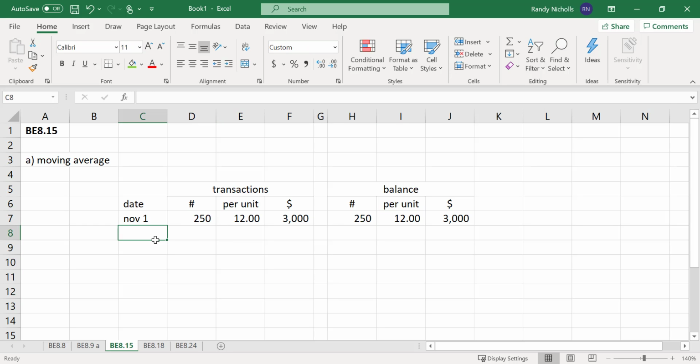My next transaction is my November 15th purchase, where I buy 400 at $14.